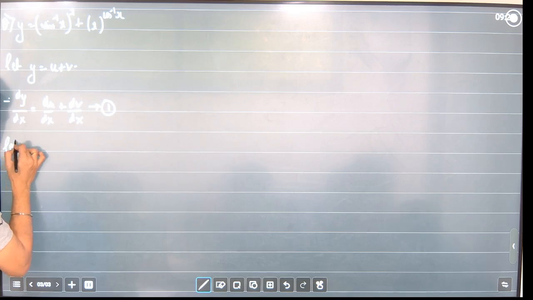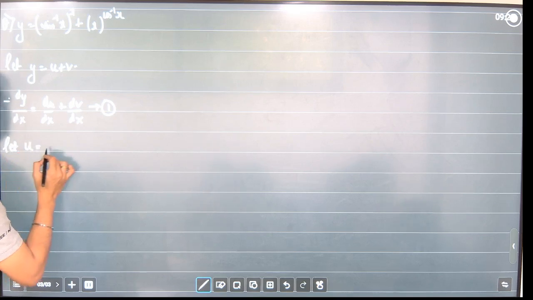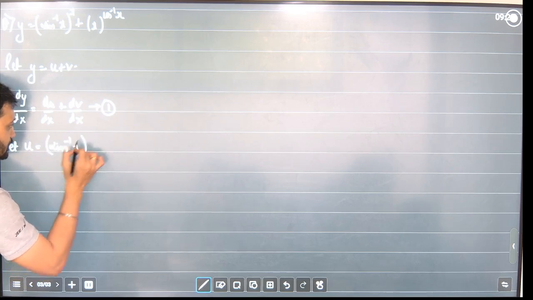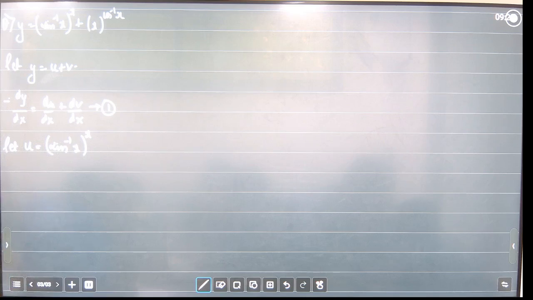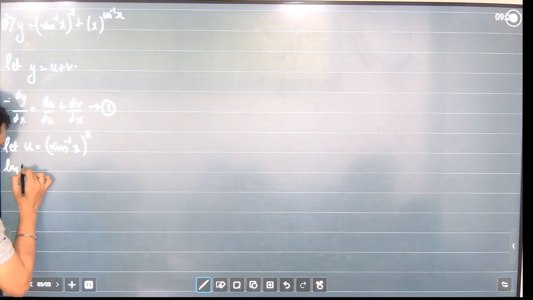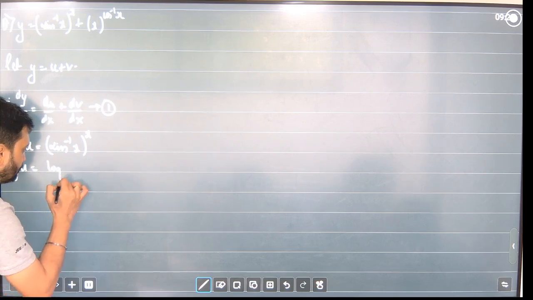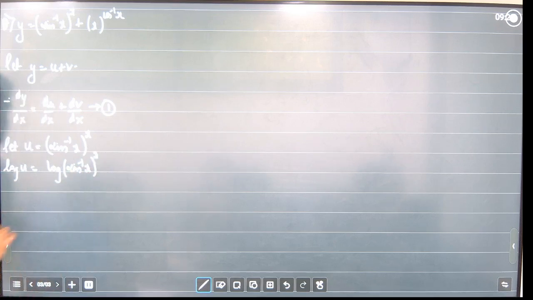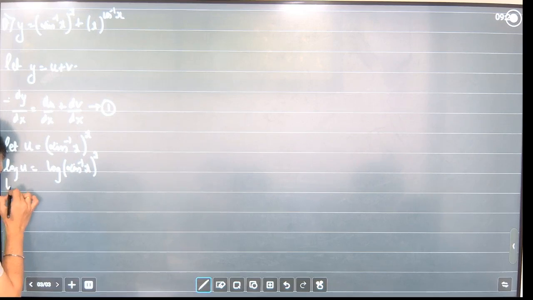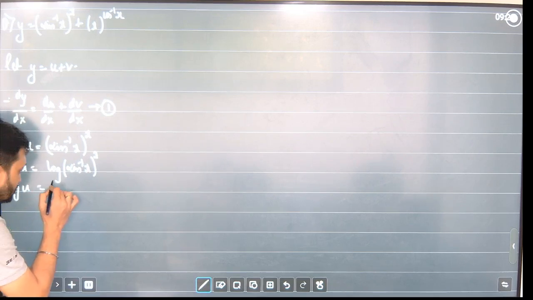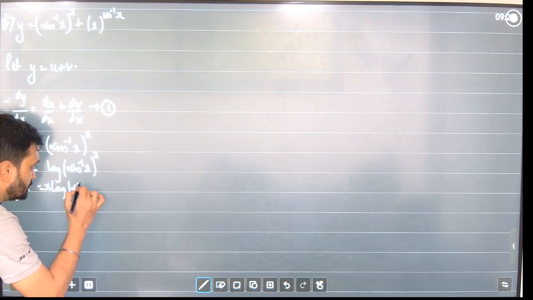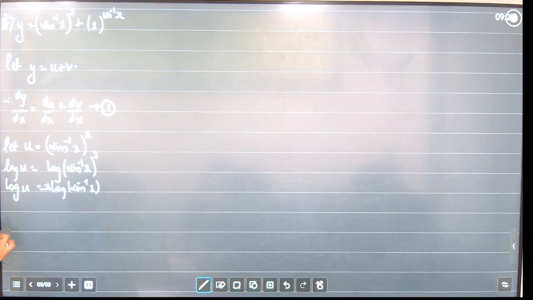I'll write let u is equal to sine inverse x raised to x. Since u is equal to sine inverse x raised to x, when I take log on both sides, this will become log u is equal to log of sine inverse x the whole raised to x, which will become log u is equal to x log sine inverse x. Now I'll differentiate.